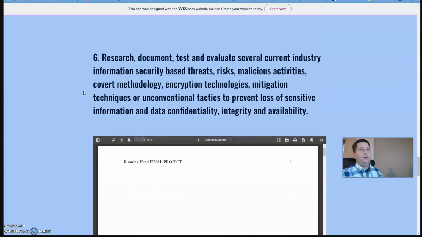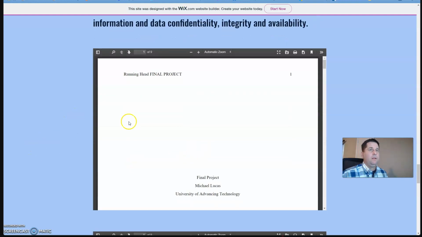The sixth and final one is basically mitigation techniques, encryption technologies, stuff like that. It goes over the confidentiality, integrity, and availability of your network.